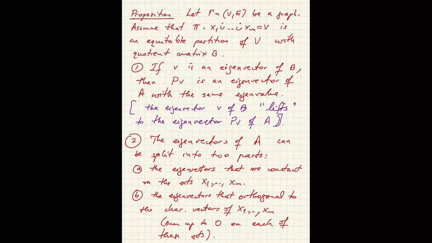So let me do the first part quickly, and then we can take a short break. So, proof. For the first part, we have that V is an eigenvector of B, say with some eigenvalue theta. So V is not 0, and B times V is theta times V. Again, this V is in Rm, so it's a smaller vector. Now from here, we want to say something about PV.